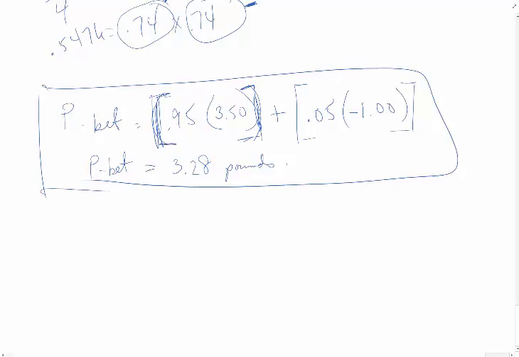Okay, what's the value of the other bet? So the pound bet. Oh, I see what they're doing. Okay, so this bet is expected to win 40% of the time.